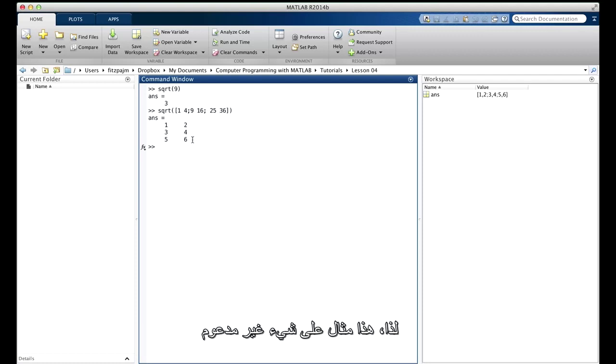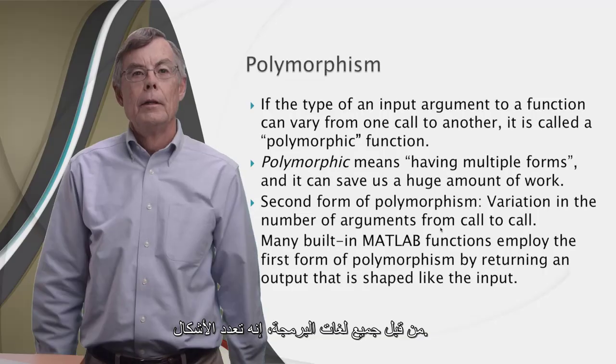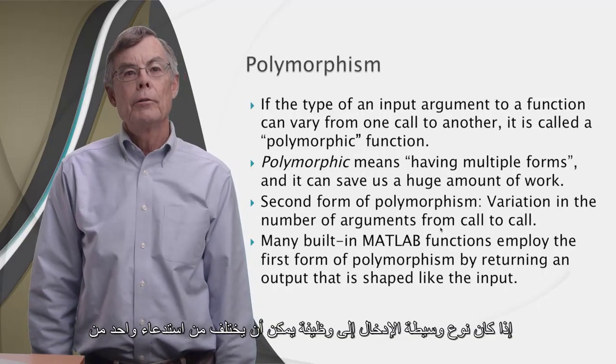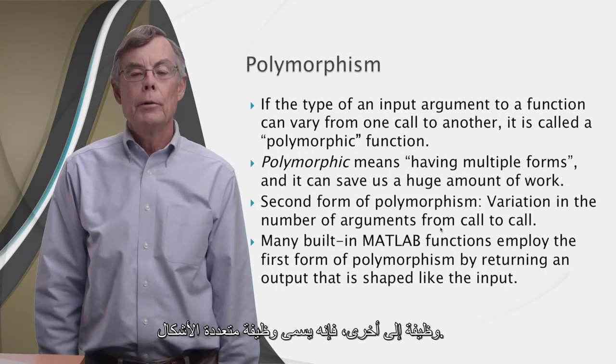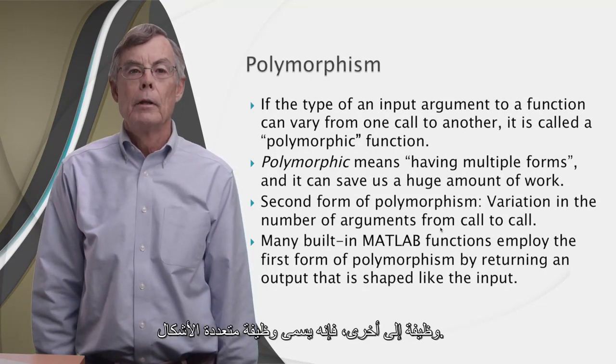So this is an example of something that's not supported by all programming languages. It's polymorphism. If the type of an input argument to a function can vary from one call of the function to another, it's called a polymorphic function.